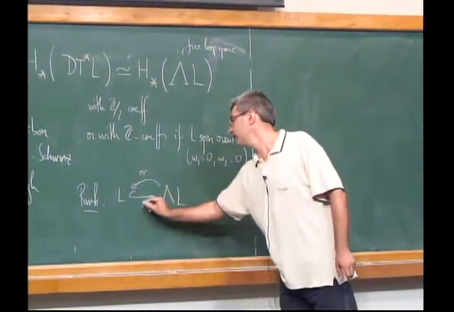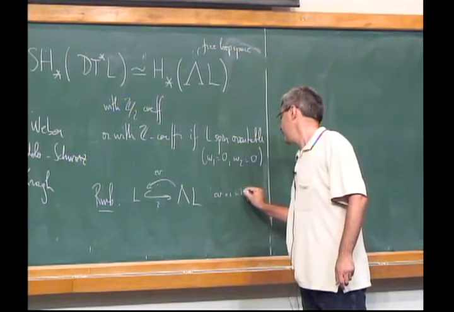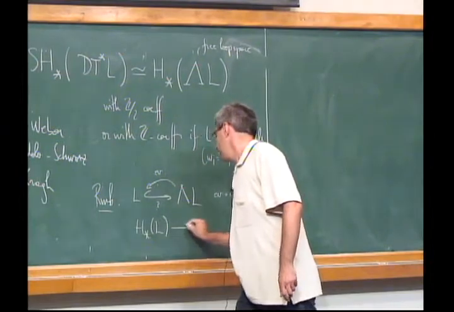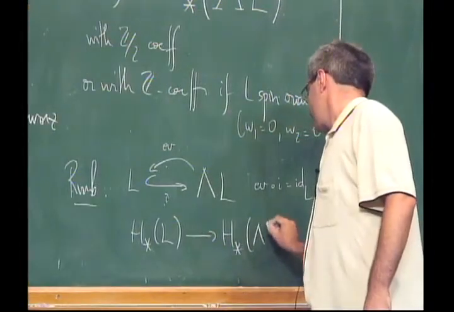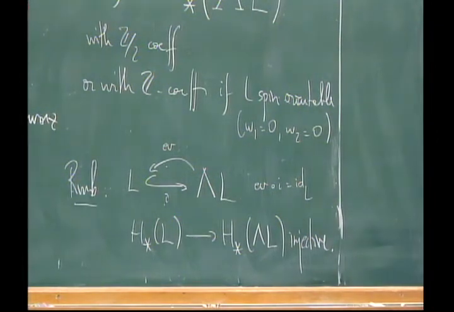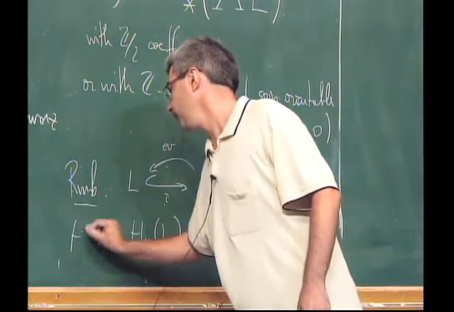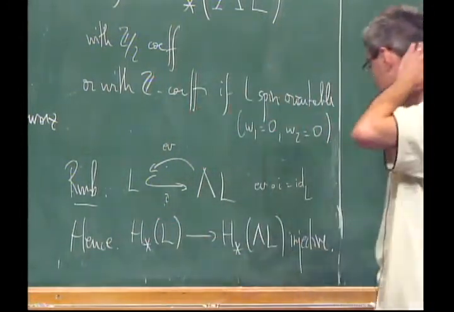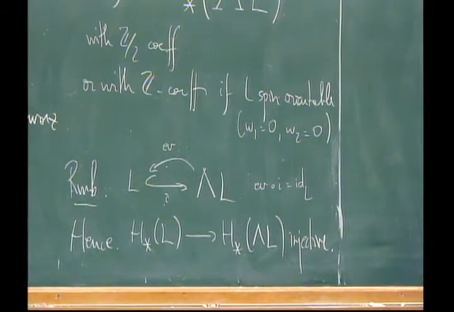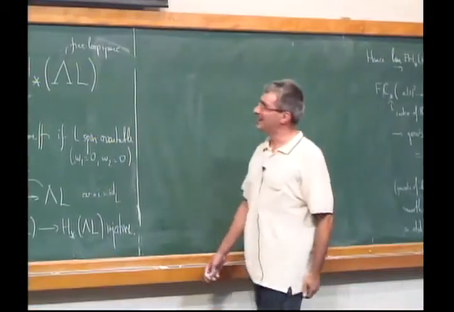So evaluation circ inclusion is the identity of L, and this shows that this map in homology is injective. Hence, this map in homology is injective, and in particular, well, we knew that it's non-zero because it's a non-empty space, sorry. But anyway, I'm doing too much symplectic homology where things can vanish.